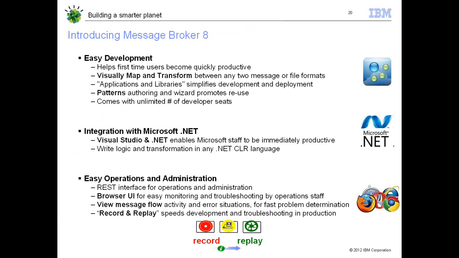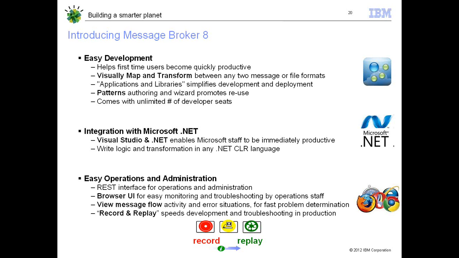So now let us see the key features available in Message Broker version 8. We have made significant changes in application development by introducing a new style of development called applications and libraries. The applications and libraries provide a new way of creating and managing resources when you are developing and deploying applications, and during operational management as well.